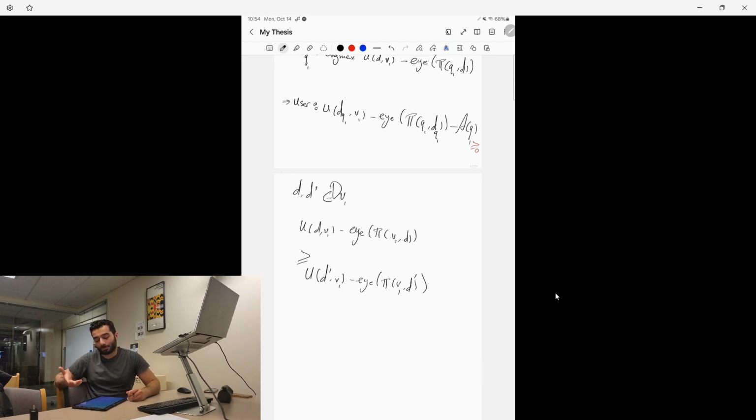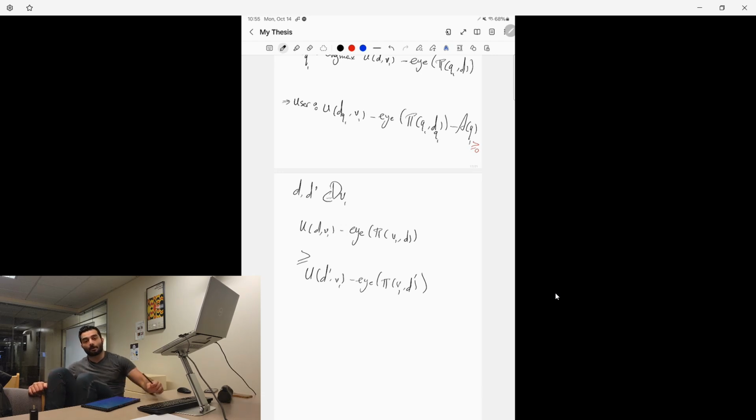Which one does the platform put at the top? Well, D is the one that is being sold. D is the one that will be sold. But the platform is actually looking for the one that has higher U. So if I am the platform, I will put the higher U at the top.